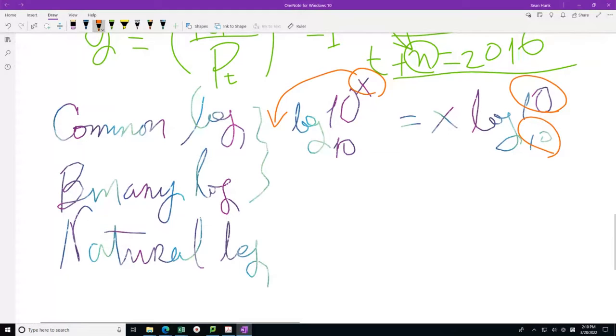So it turns into a multiplicative function. What used to be a power function now becomes a multiplicative function. And that's the property we want to use.